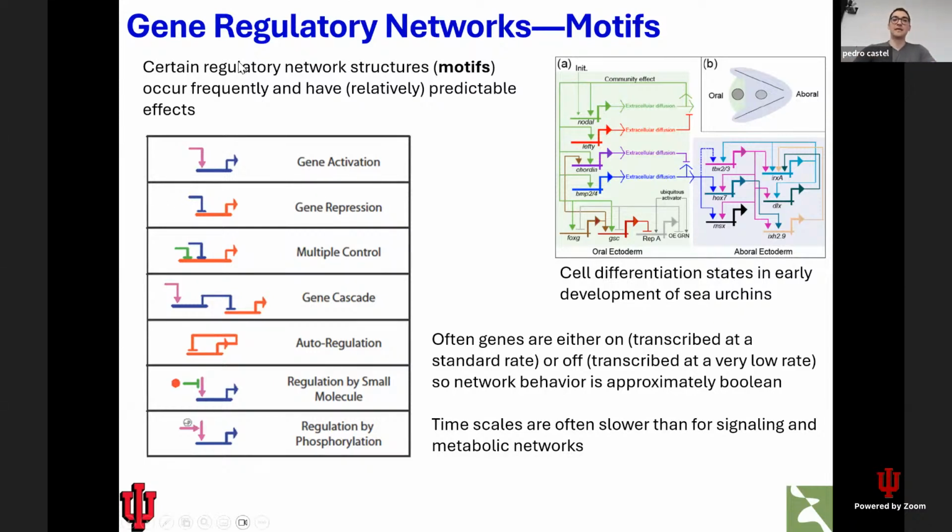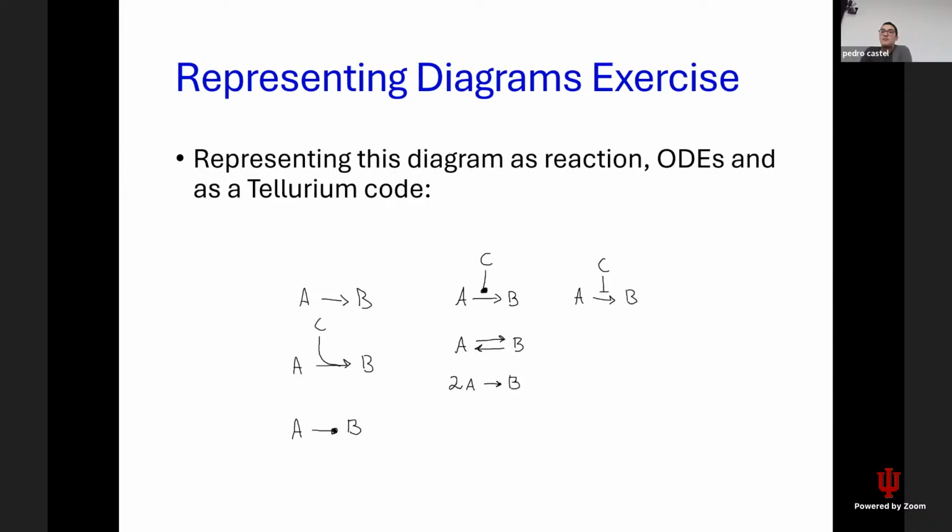So if you understand a basic gene activation, how it works, a basic gene repression, multiple repressions, a gene cascade, and autoregulation, when you understand how these small systems behave, it helps you to understand how a larger network behaves. So we have our first exercise here, which is representing these guys as a reaction, if they are not yet well represented as reactions, ODEs, and finally as a Tellurium code.